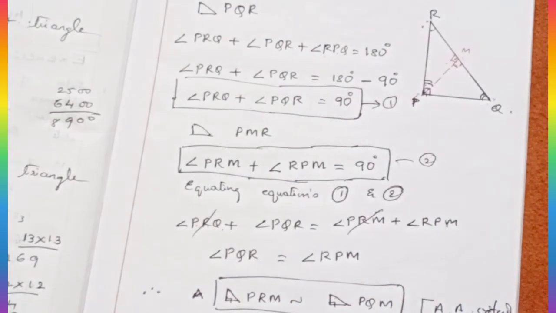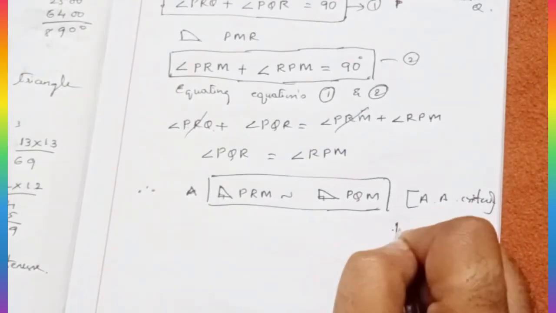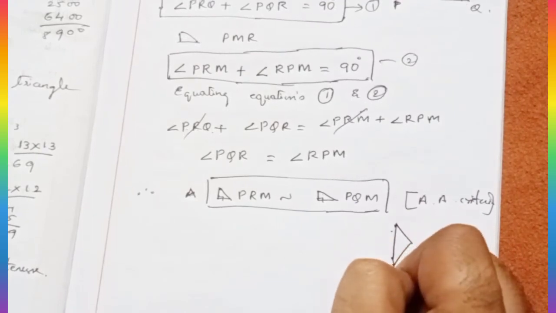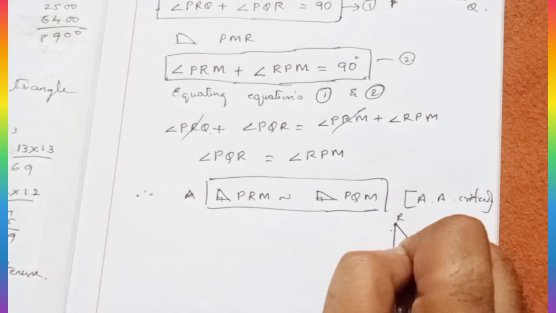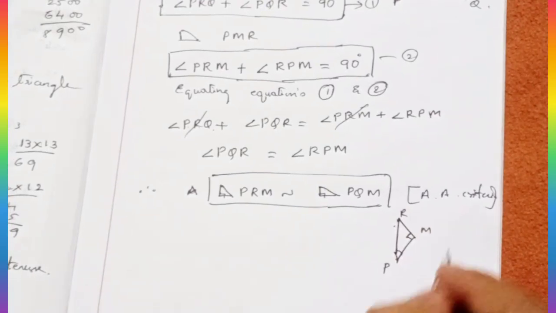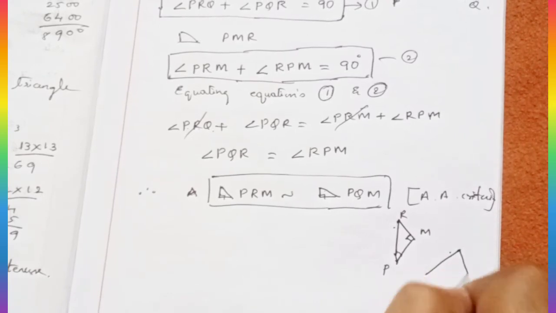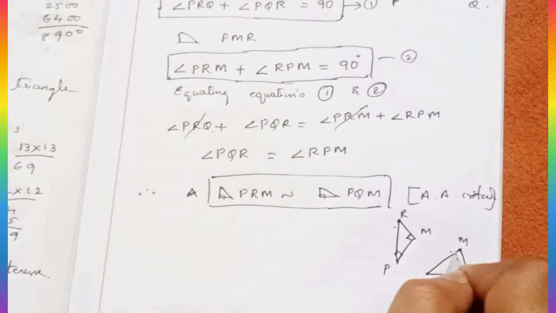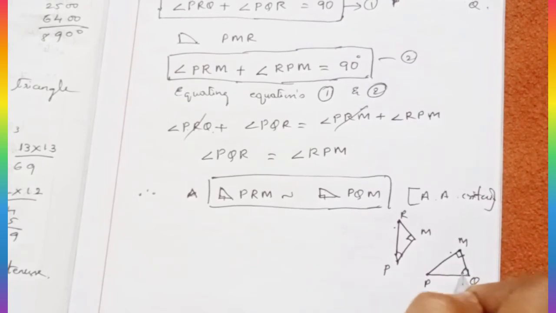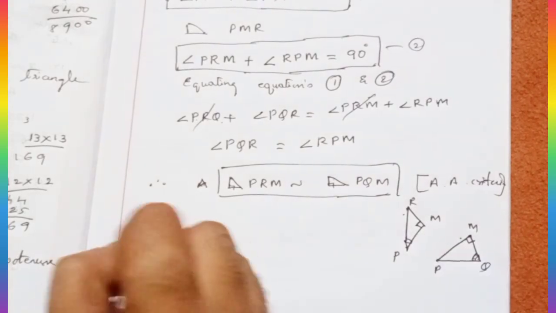So I'm going to write those two triangles here separately so that you will not get confused. RMP, so P and M are considered here, and the other triangle, QMP, where M is equal to 90 and Q is equal to P. We will go for the corresponding sides ratio.